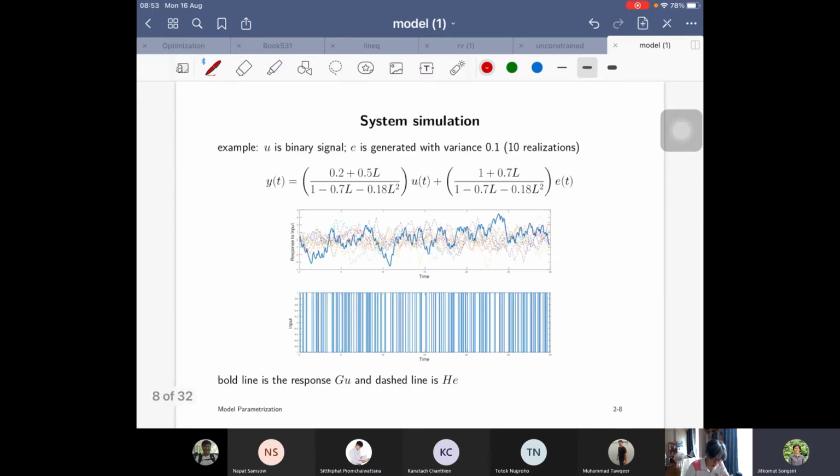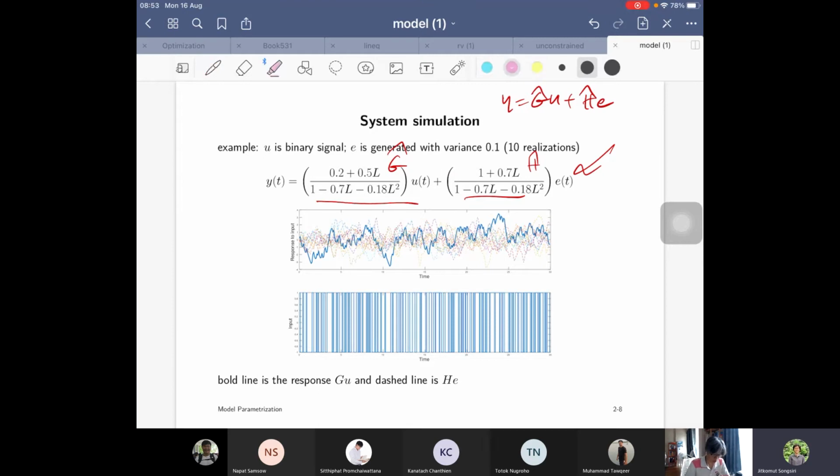So when we have y equals GU plus HE, suppose that we already estimated G and H. This is the estimate G, this is the estimate H. Of course, in real life, you only have the waveform of u. For example, if I want to see step response, I would put u as a step input.